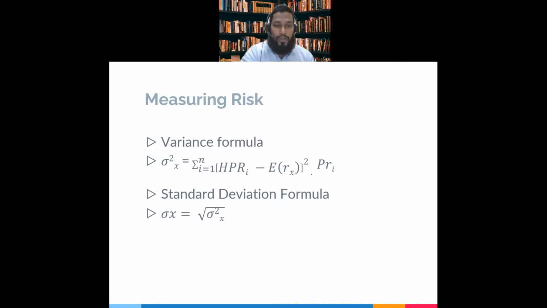Now, for how to get the variance, the variance formula is here: it is the sum of the holding period return that we learned before minus the expected return, in brackets, to the power of 2, or square, and multiplied by the probability.